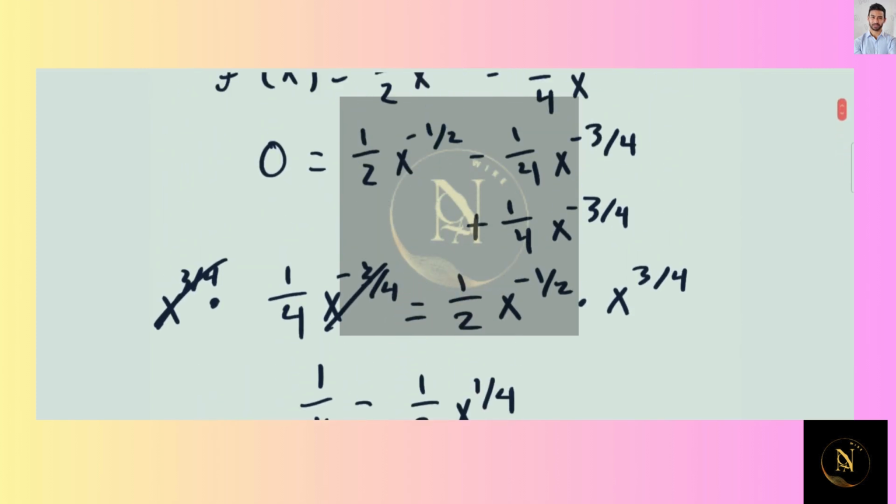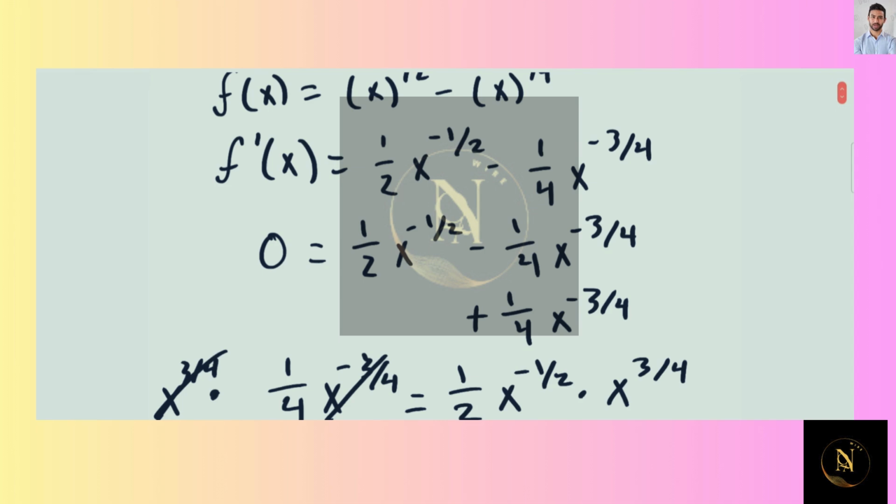If we go back to our derivative and plug in a value of, let's just say, 1 over 100, x to the negative 1/2 of 1 over 100 would be 1 over 100 to the 1/2, which is 1 over 10, and then to the negative 1 would be 10. So we'd have 10 times 1/2, which is 5, minus 1/4 times 1 over 100 to the negative 3/4.